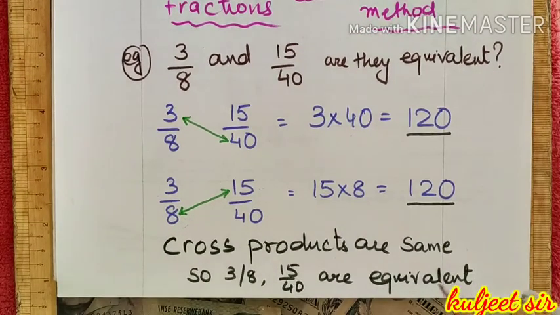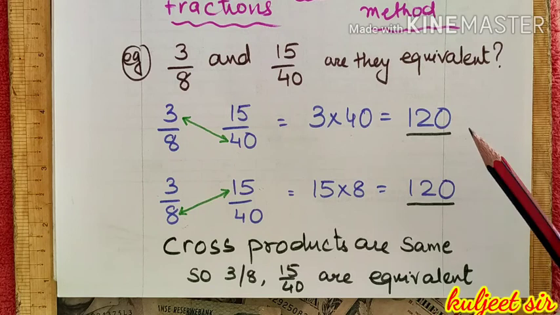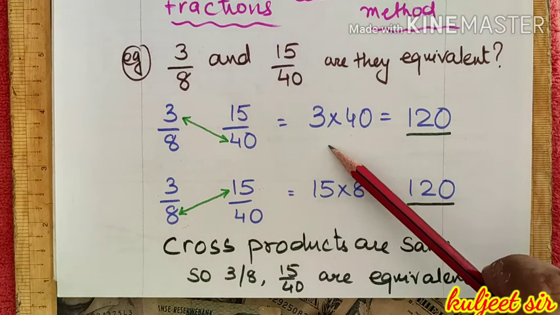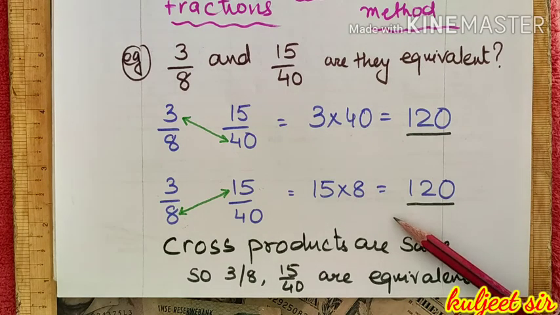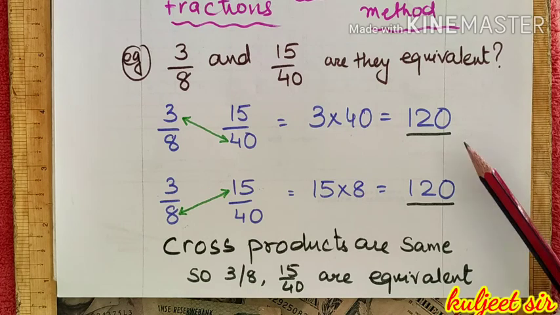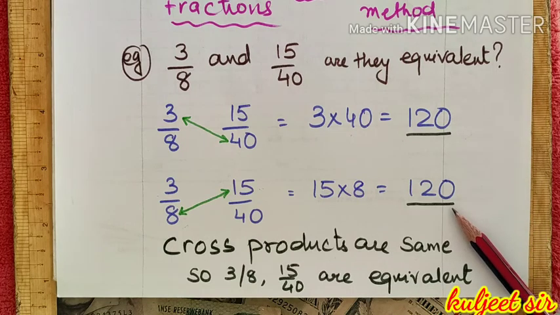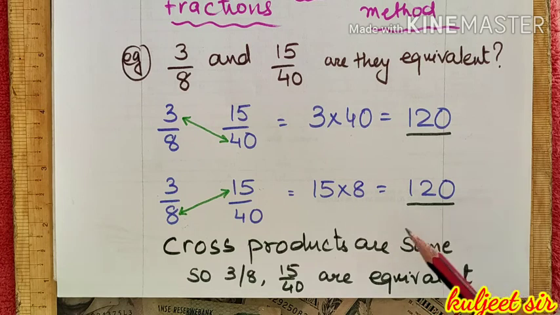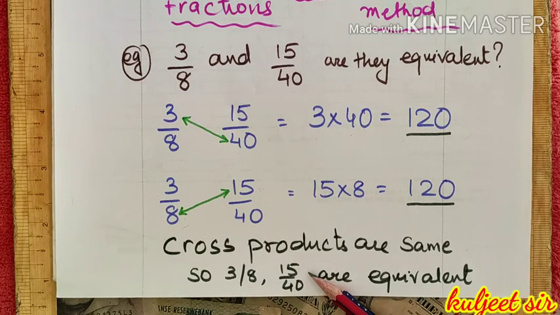So in both cases, we got 120. When both the cross products are the same, 120 in each, we can say that the rational numbers 3 upon 8 and 15 upon 40 are equivalent.